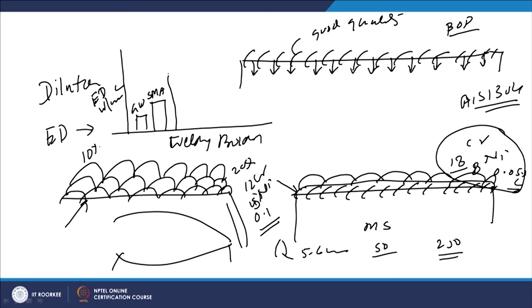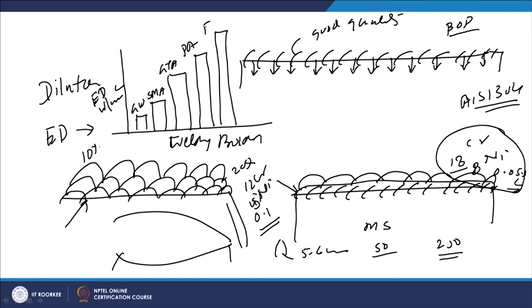Gas tungsten arc welding will offer further higher energy density, and plasma will offer further higher energy density, then we have the laser and electron beam. So, there is a continuous change in the energy densities associated with the different processes.